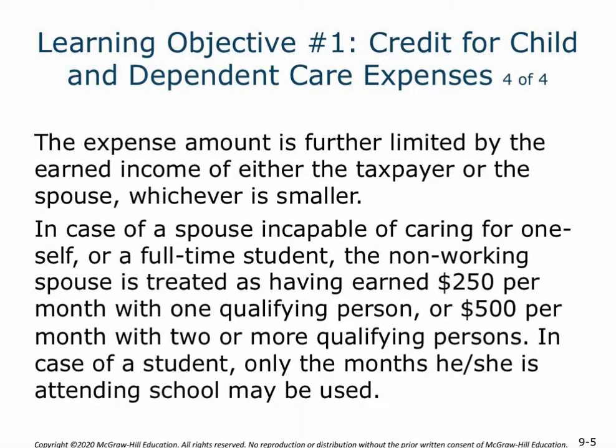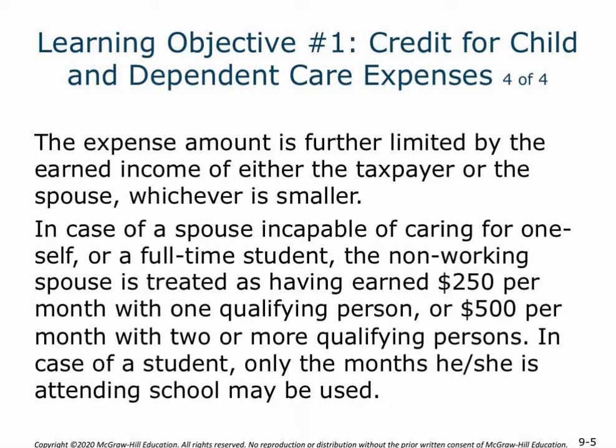Now, if one of the spouses is not earning but is a full-time student, then we can deem them to have income. And the amount we're deeming if we were a full-time student for the entire 12 months is going to be $250 per month. So that math will get us to $3,000 for one qualifying individual, or $500 per month for two qualifying individuals to get us to $6,000.